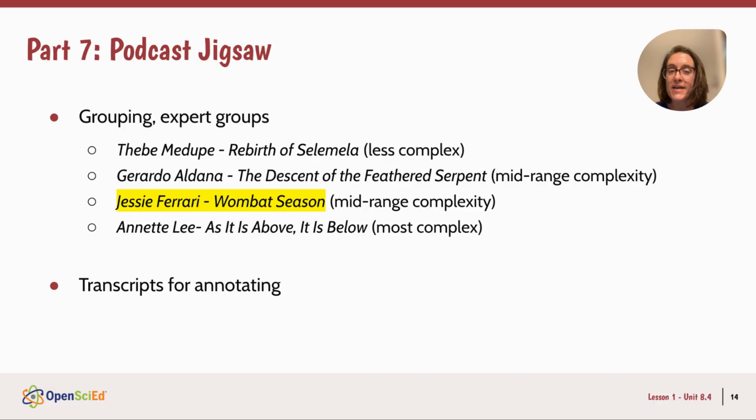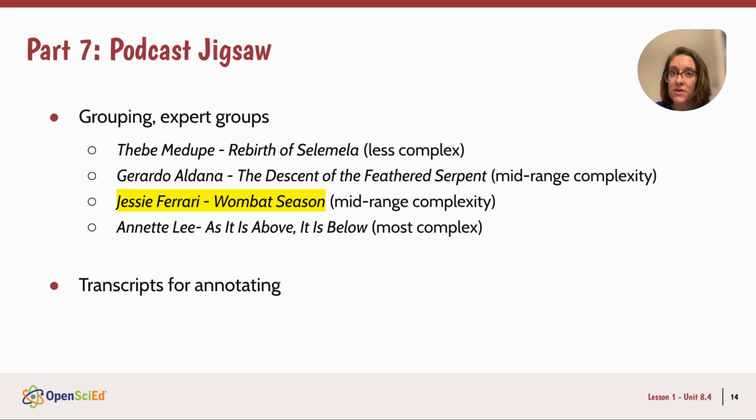I highlighted wombat season because depending on how you want to split up your groups, this will come back as a transfer task assessment later on at the end of lesson set 1. So if you think that students who might struggle a little need to hear about wombat season now and again a few lessons later, keep that in mind and you can put them in that group.